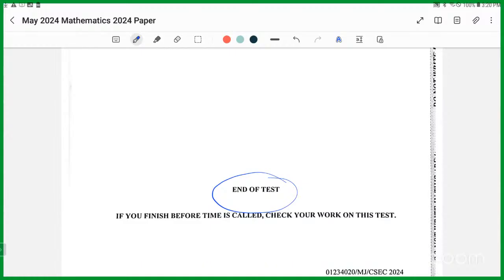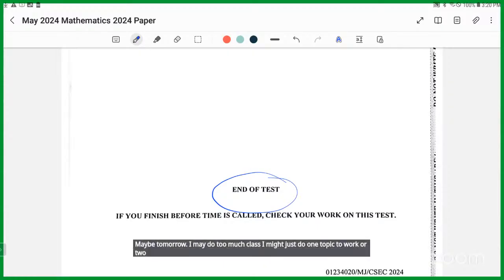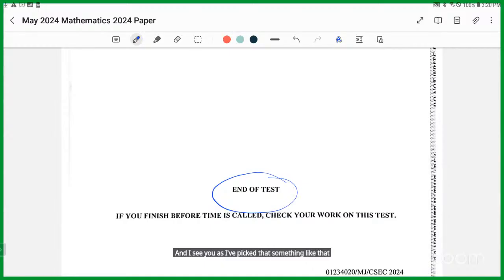Maybe tomorrow I might just do one topic or two topics, a series of transformation and a series of vectors. Tomorrow, Wednesday and Thursday, I think that's what I might do, because I really want to give these guys another paper Wednesday and Thursday. But for tomorrow, I might just do some practice first.